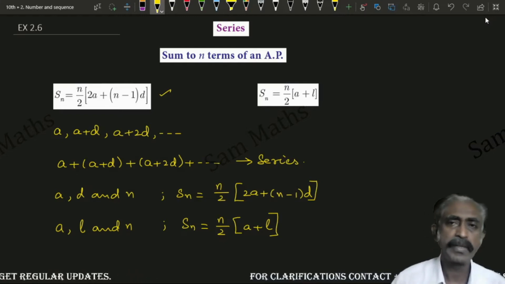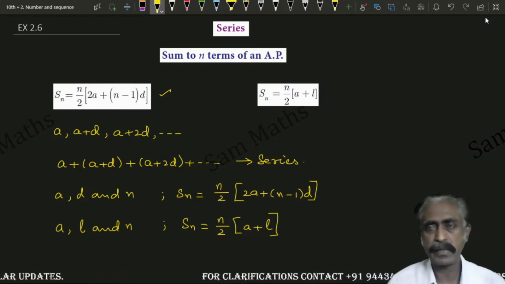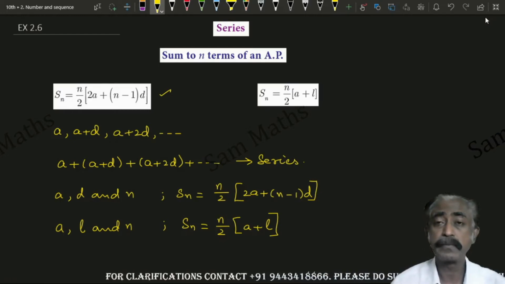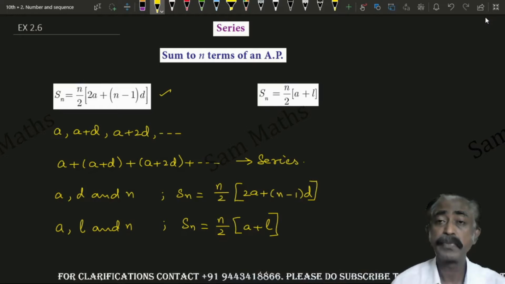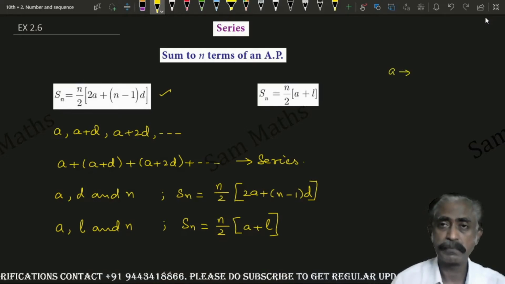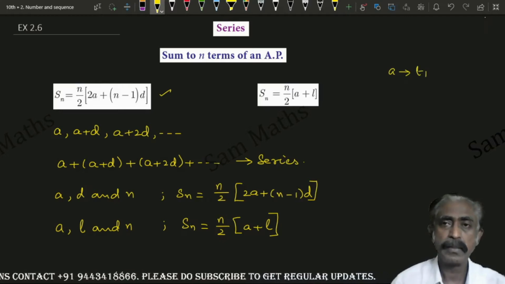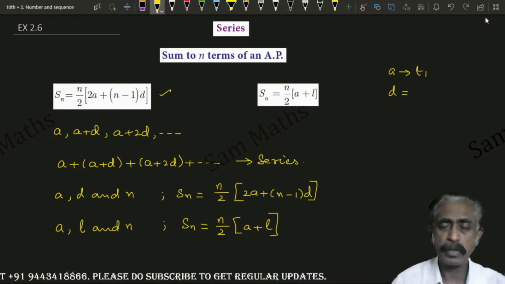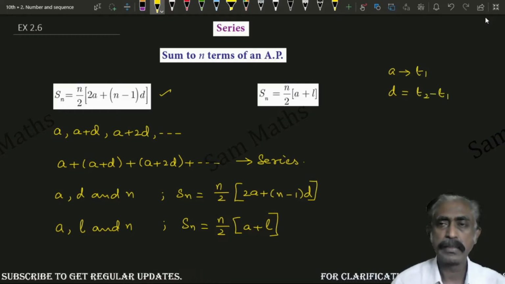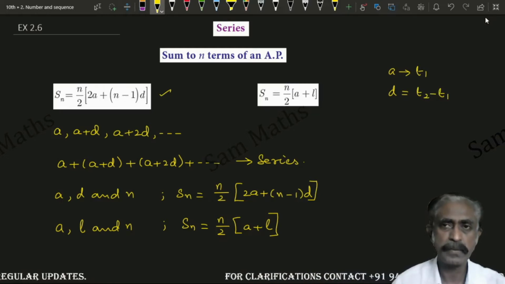Right, children? Also, you have to recollect few formulae we studied in the previous video. That is, A is the first term, am I right? D is the common difference. We used to use the formula T2 minus T1, in general, Tn minus Tn minus 1. Right, children?